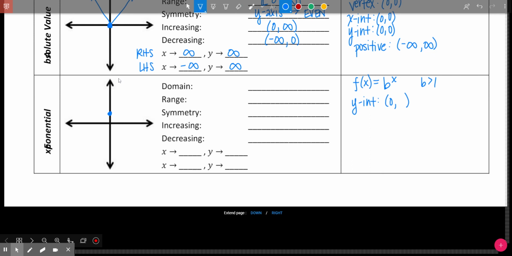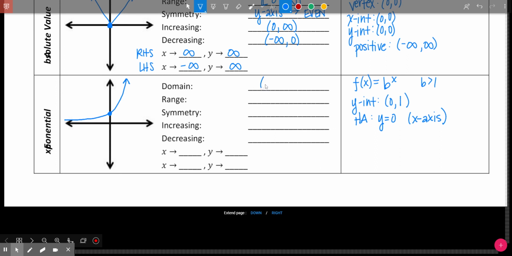Your y-intercept is always going to occur at 0, 1, because anything raised to the 0 power is 1. And an exponential growth function is going to start small and then grow really fast. We have a horizontal asymptote at y equals 0, which is, again, the x-axis.